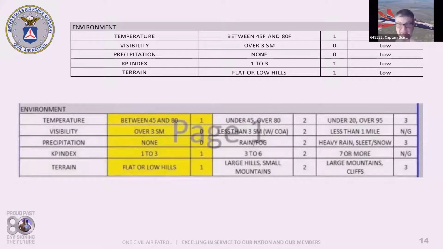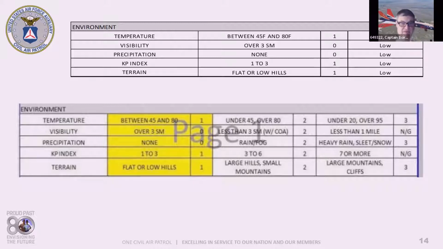So if the KP index is 1 to 3, it's 1 point, 3 to 6, 2 points, 7 or more, no go. Because if your KP index is greater than 7, you probably will have very little, if no, control between your actual handheld and the remote and the SUAS once you get more than 10 or 15 feet away from you.